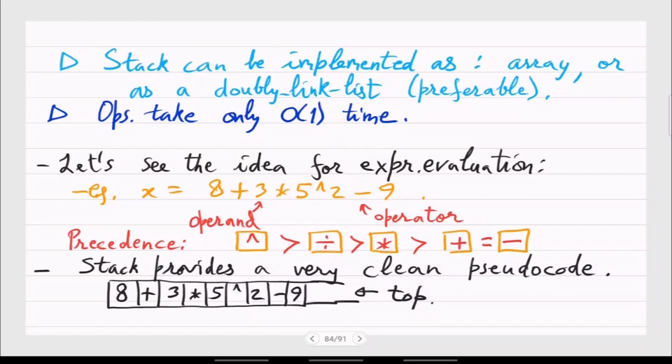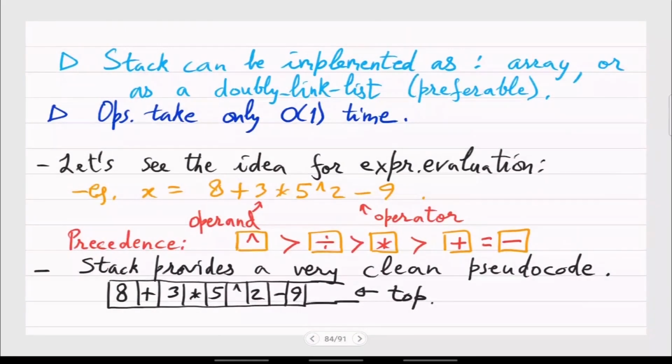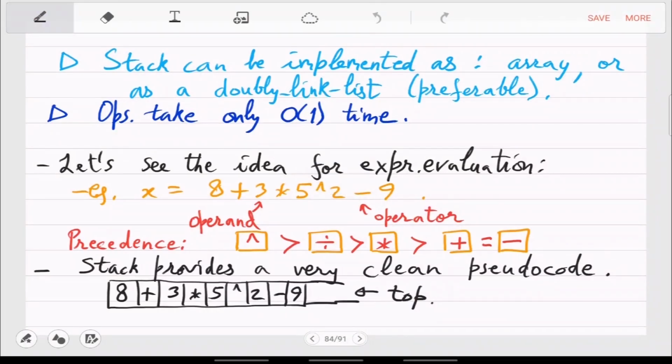the expression evaluation problem. So the expression is given in this array, right? 8 plus 3 star 5 exponentiation 2 minus 9. So this has been inserted inside the stack. The input is this array.